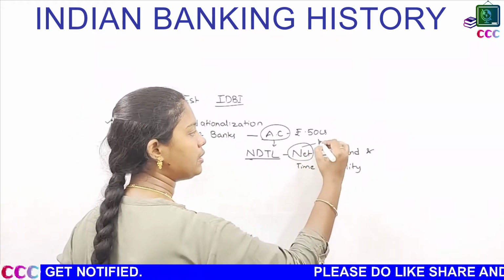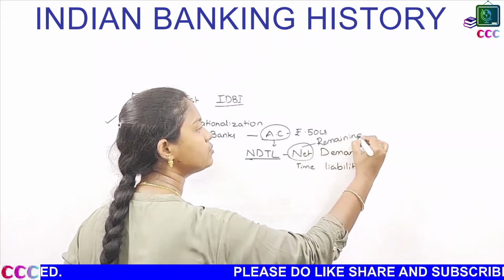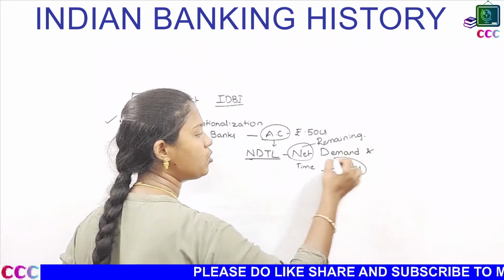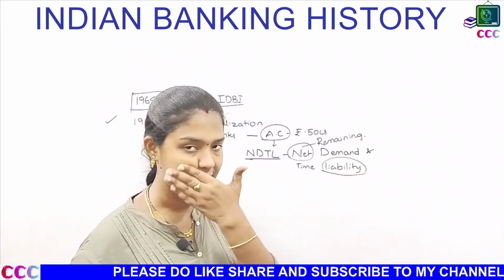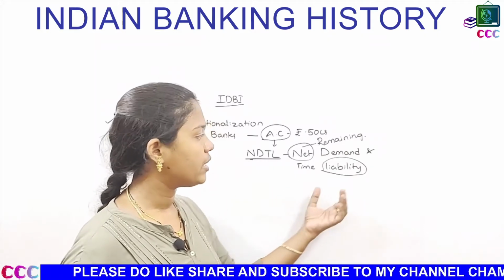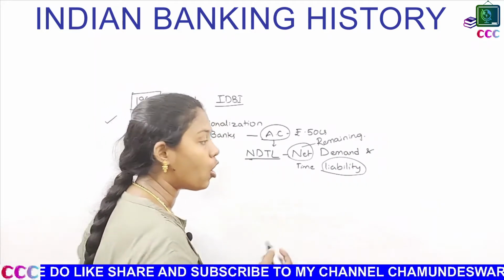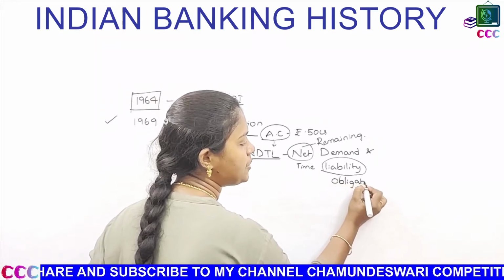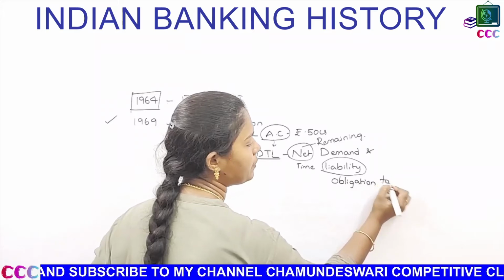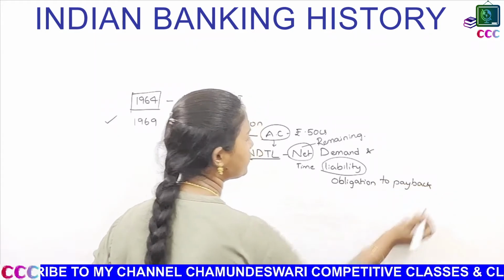So here take it as remaining. Next, what is the meaning of liability? I already explained the term liability, its importance and its types in the previous session. The meaning of liability is obligation to pay back. What is the bank's obligation to pay back? Nothing but deposits.